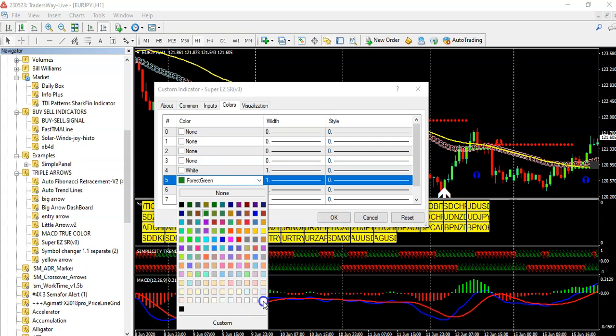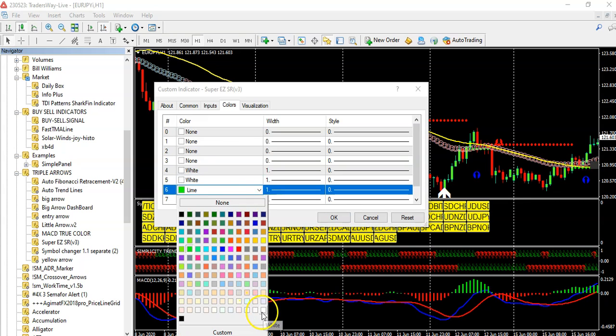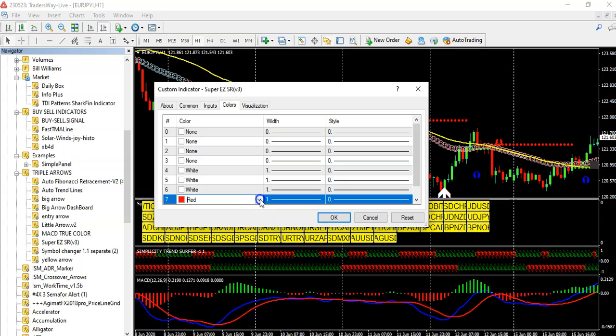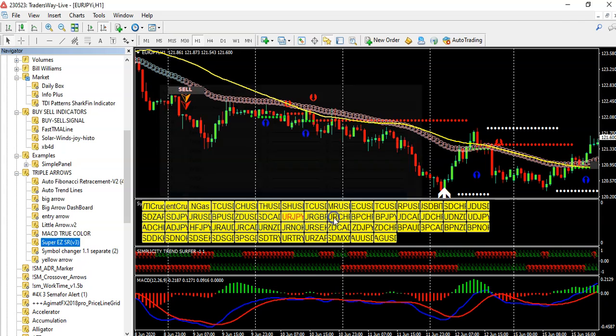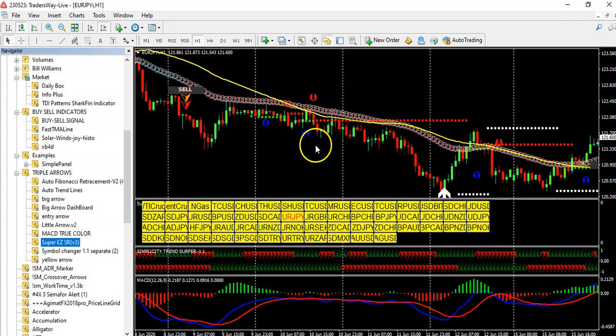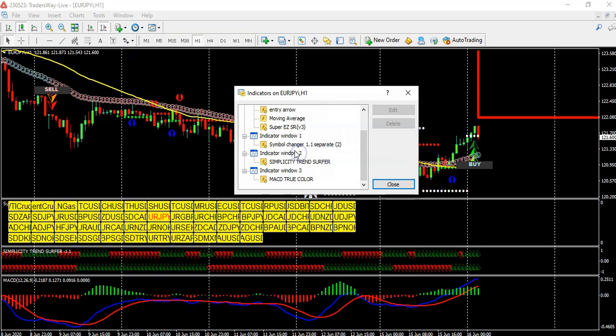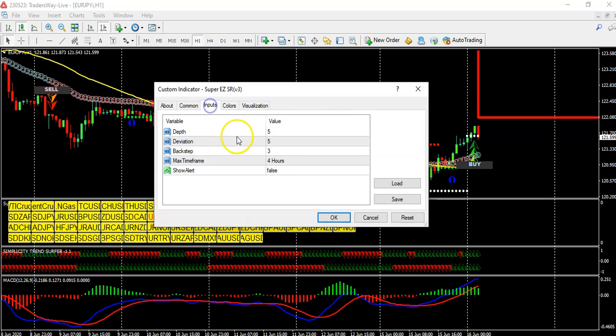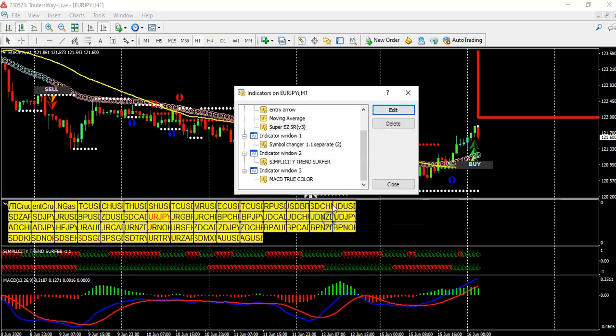We're using these support and resistance dots as indications of where price is going and where potential drawdown is. I set mine to current. Forgot to do that. So we're going to go to current, and now we are good to go.